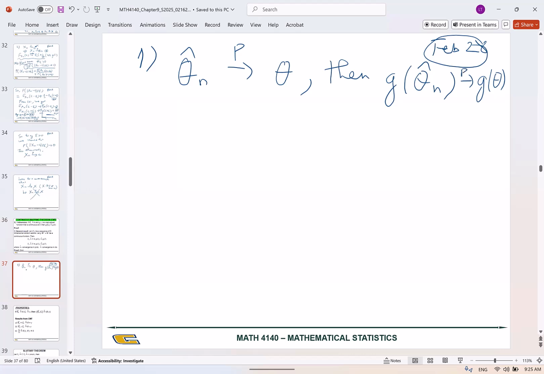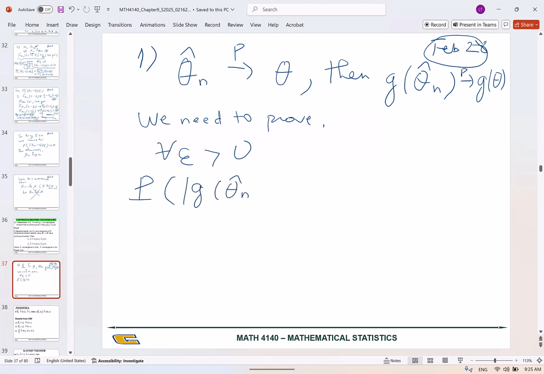So basically the goal here is that we need to prove that for any epsilon positive, the probability that the distance between g of theta n hat and g of theta is greater than or equal to epsilon goes to 0.